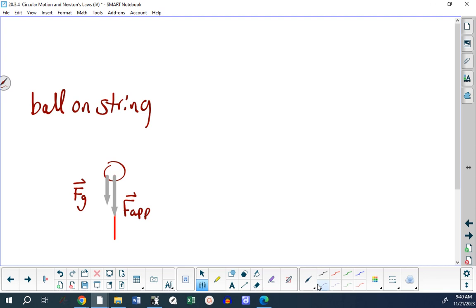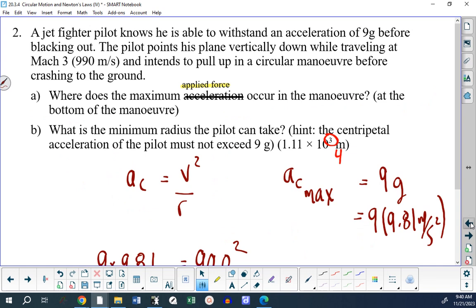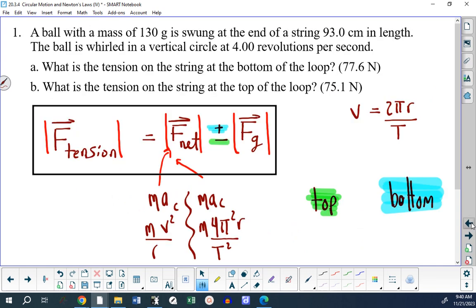Right? And this is going to show us that at the top it's going to be the magnitude of the net force minus the magnitude of the force of gravity equals the applied force.